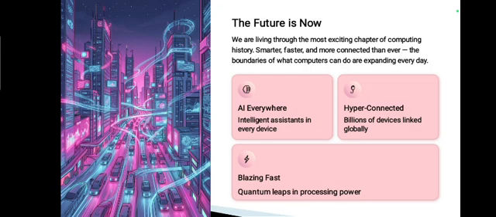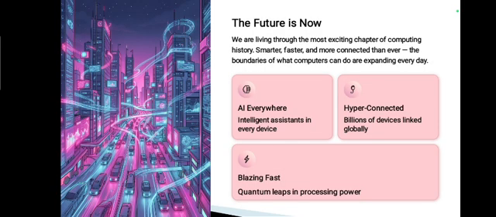We are living through the most exciting chapter of computing history. Smarter, faster, and more connected than ever, beyond the boundaries. What computers can do is expanding every day. AI everywhere, hyper connected, and blazing fast.